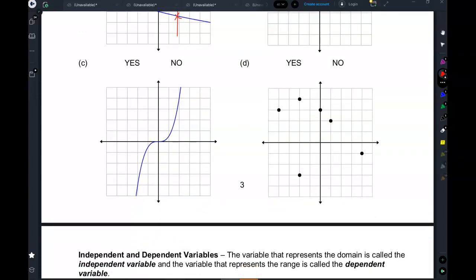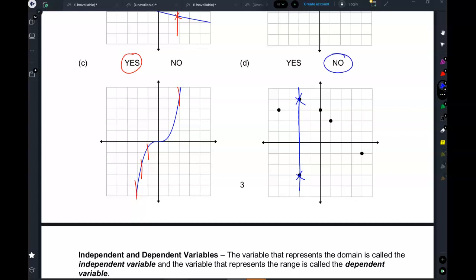Here? Yes, because a series of vertical lines would only cross the graph at one point. Here? No, because if I draw a vertical line here, you see how it crosses the graph at 2 points? So it's not a function.